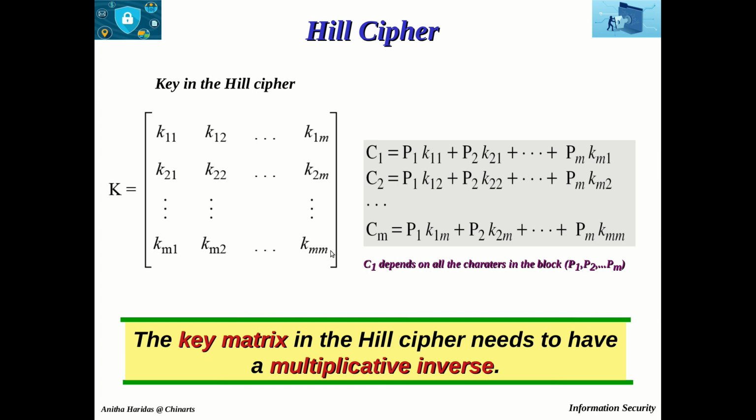Here m is the size of the block. If we call this key matrix K, each element of the matrix can be denoted as K_i,j, where i ranges from 1 to m and j ranges from 1 to m.